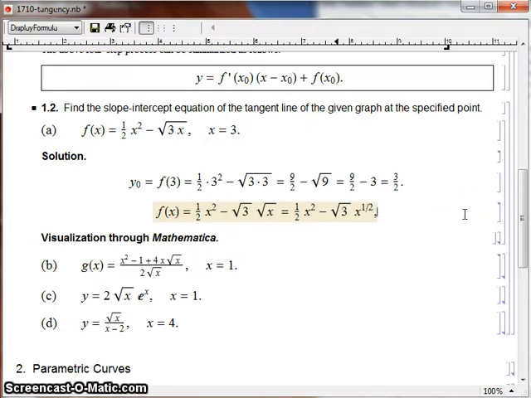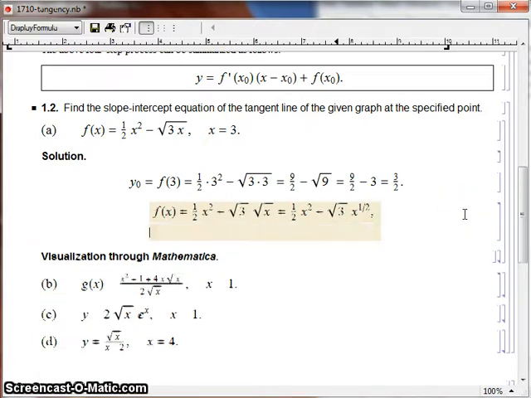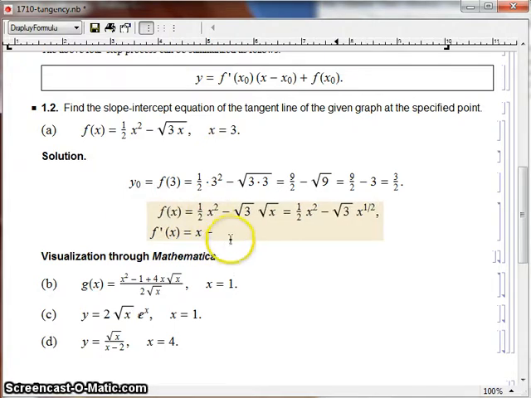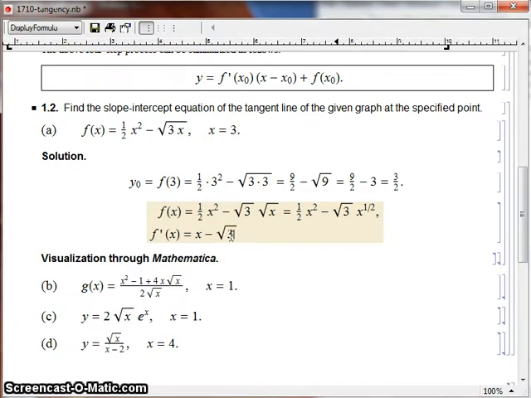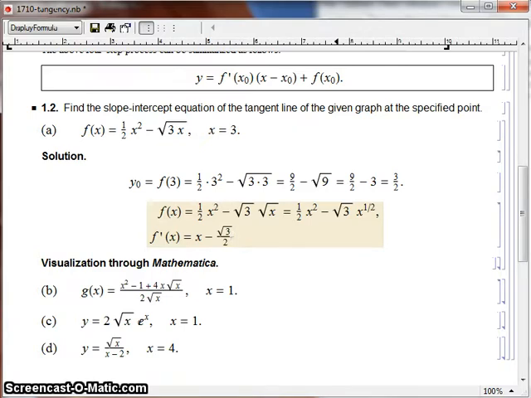Now we are ready to apply the power rule. Alright, let's find out the derivative of the first function. It's just x, it's easy to see. Let's align the equality. Okay, the next 1/2 comes out and we have square root of 3 over 2 times x to the negative 1/2 power.